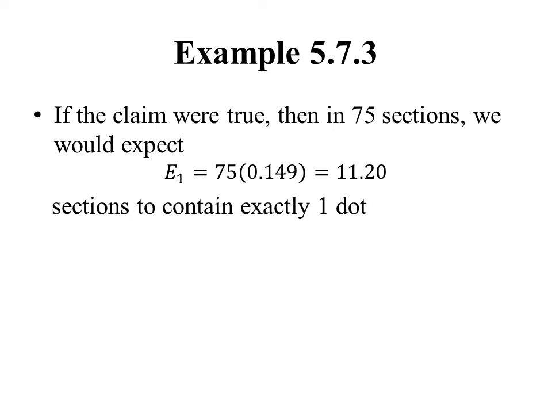Now, if the claim were true, meaning if x really did have a Poisson distribution, then in 75 sections, as we selected, we would expect that about 14.9% of those sections would contain exactly one dot. So take 75 times 0.149, we get 11.2. So this is what I would expect if my claim really were true. So now we need to compare this expected value to our observed value and determine if they're significantly different.